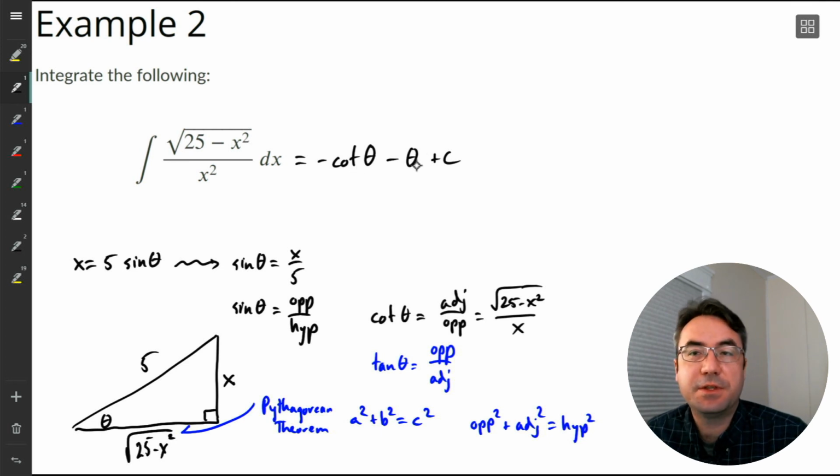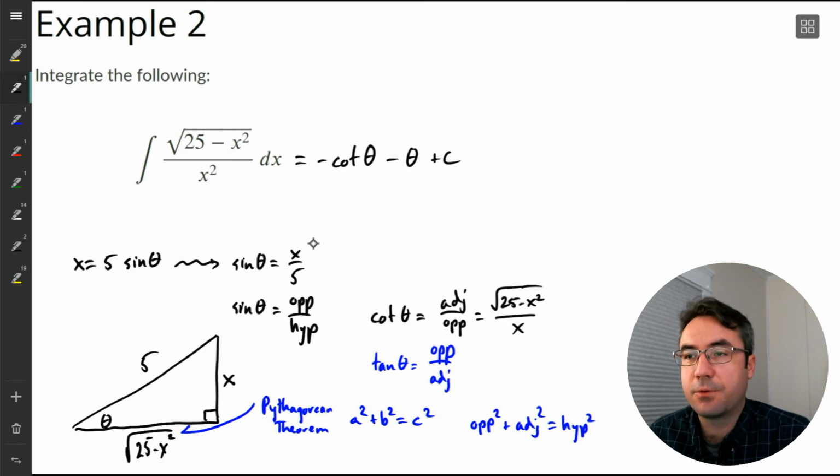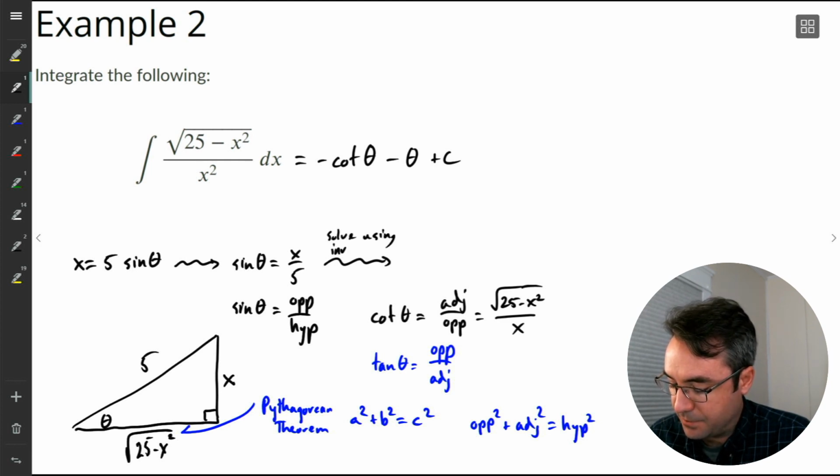Now we need to figure out what this lone theta is. And to do that, we're going to use our original trig sub, and we're going to solve this using an inverse function.